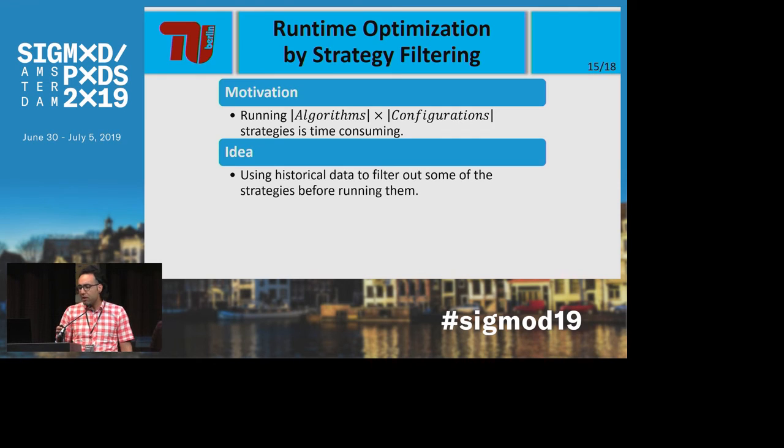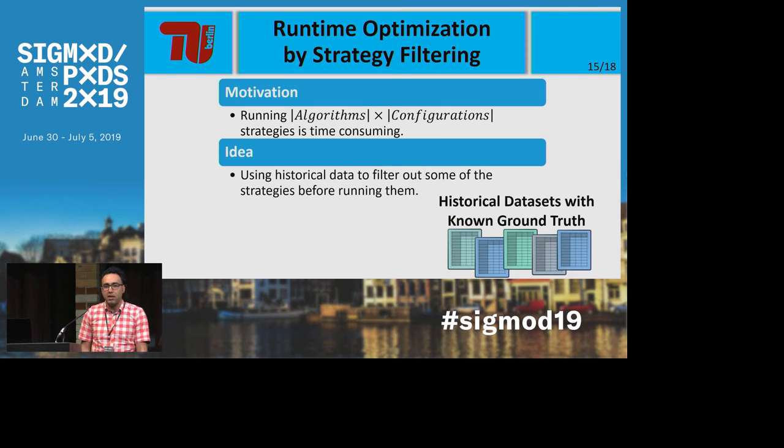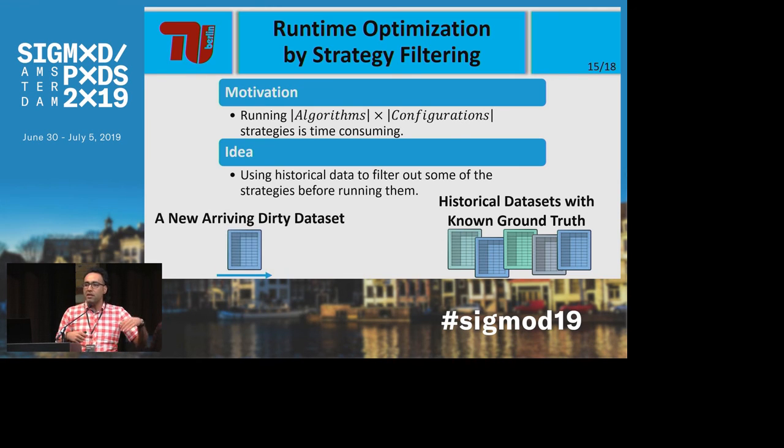To do that, we use historical data sets. We assume that if the user has some data sets that are already cleaned, we can compare our new dirty data set with the previously clean data sets, and then only run those error detection strategies on the new data set that had good performances beforehand on the previous data sets.